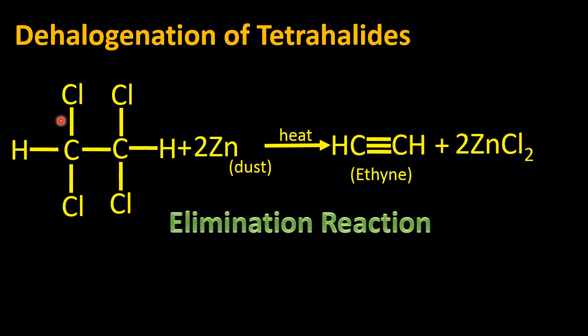When these bonds break, carbon has its free electrons available. So these free electrons on adjacent carbon atoms will form a bond with each other and give us ethyne. So this is an elimination reaction, okay?